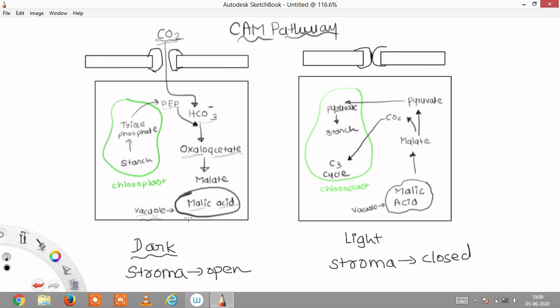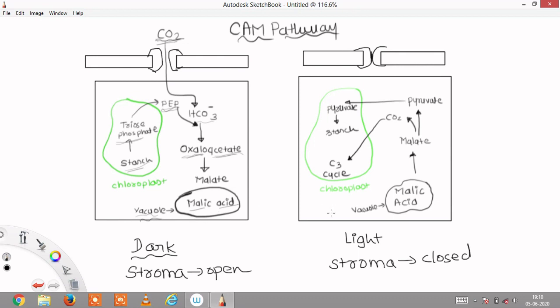Now the phosphoenol pyruvate, which combines with carbon dioxide to give oxaloacetate, is generated from starch. Starch gets converted into triose phosphate, and from this triose phosphate the phosphoenol pyruvate forms and combines here and gives oxaloacetate, and that is how the carbon dioxide is stored as malic acid in the vacuole.